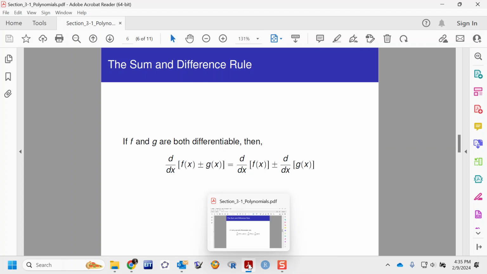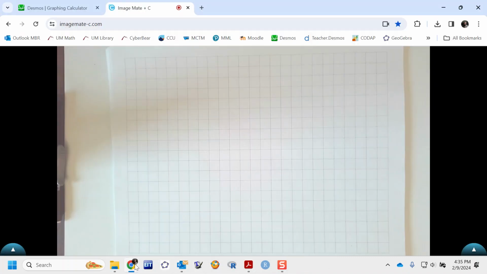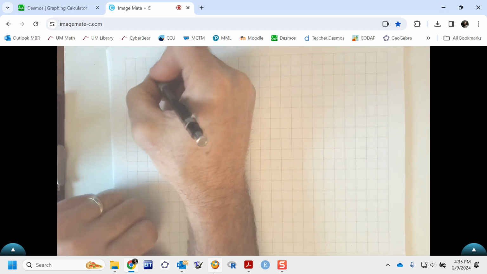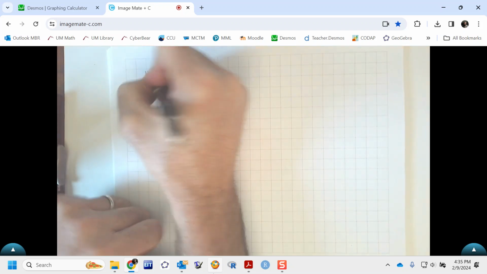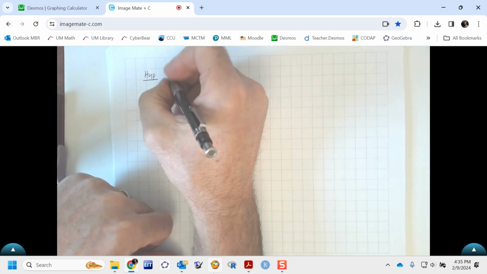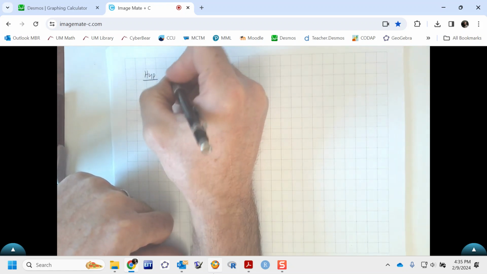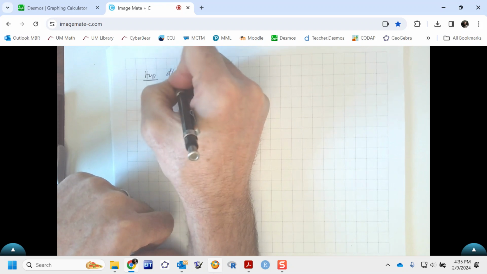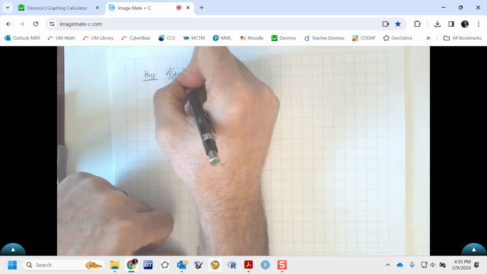Let's see, I want to go back to here. So our hypothesis is, let's do the sum, and we'll leave the difference up to a similar technique.